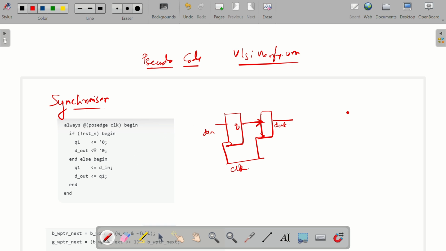If we reset, Q1 and D out, the outputs of the two flip-flops, are given the value 0. Else D in is passed to Q1, and at the same time Q1 is passed to D out. So this is nothing but two flip-flops connected back to back, acting as a synchronizer. We have also seen why these two flip-flops are needed, and the concept of MTBF, the mean time between failures.